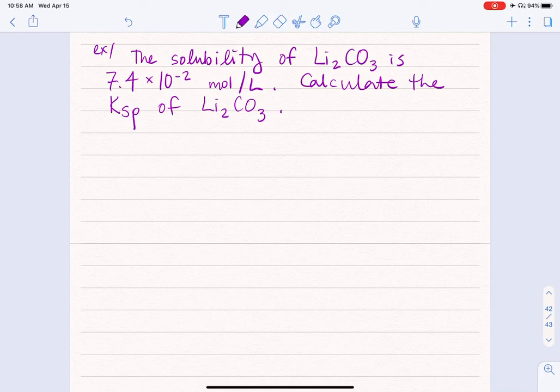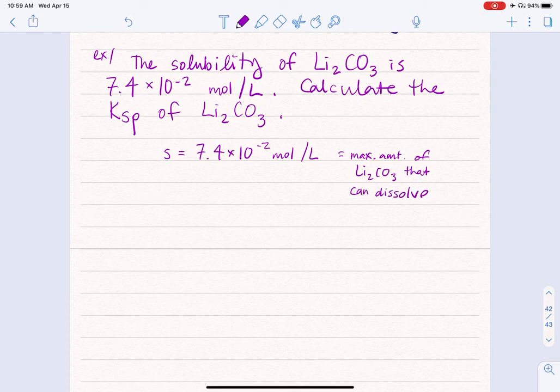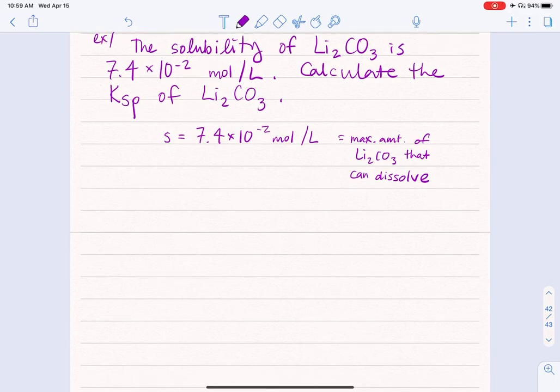So from that value, can I calculate the solubility product, KSP, of lithium carbonate? Okay, so this solubility, I'm going to call it little s: 7.4 times 10 to the minus 2 moles per liter. This is the maximum amount of lithium carbonate that can dissolve in a liter of water. So let's start by writing a dissolution reaction for lithium carbonate, Li2CO3.